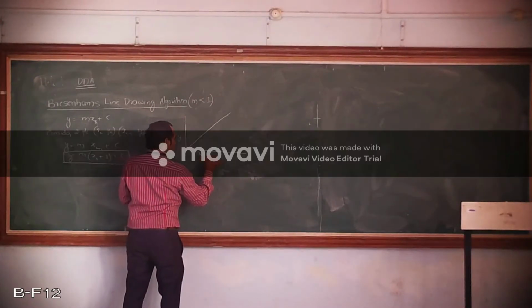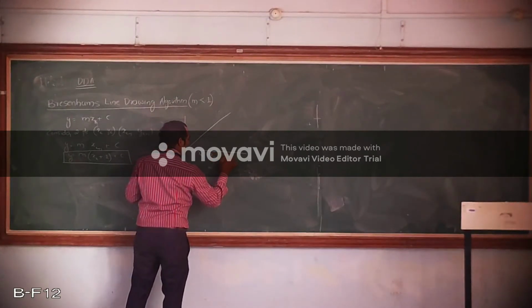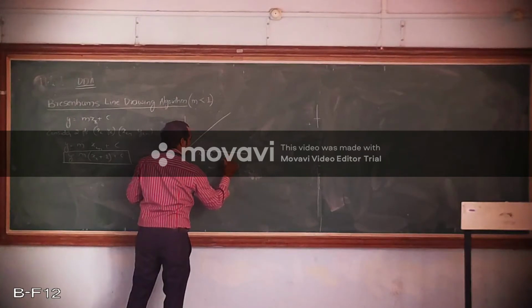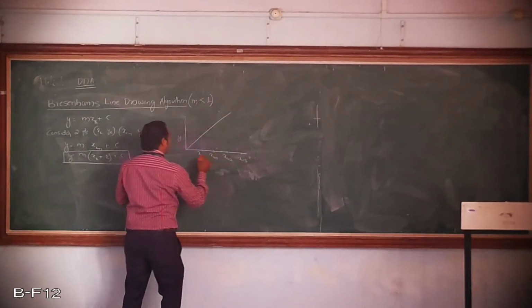This point is xk, then the next x coordinate, and the next x coordinate, like this, continues.